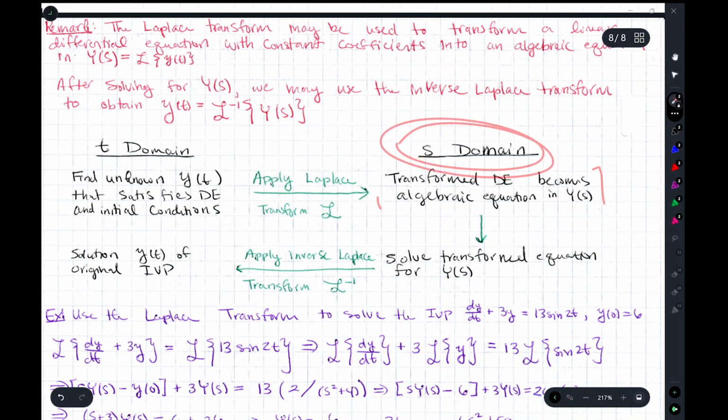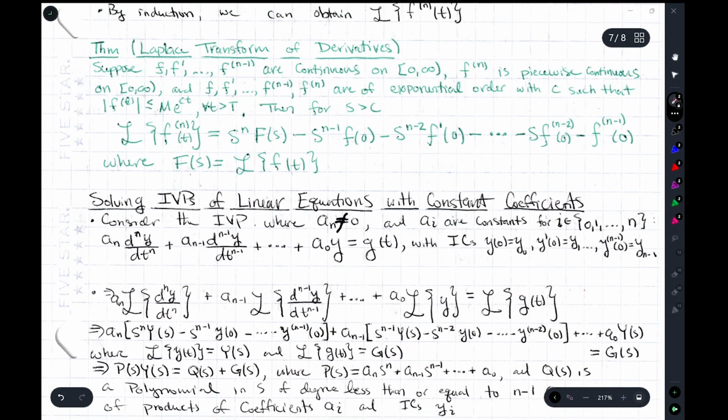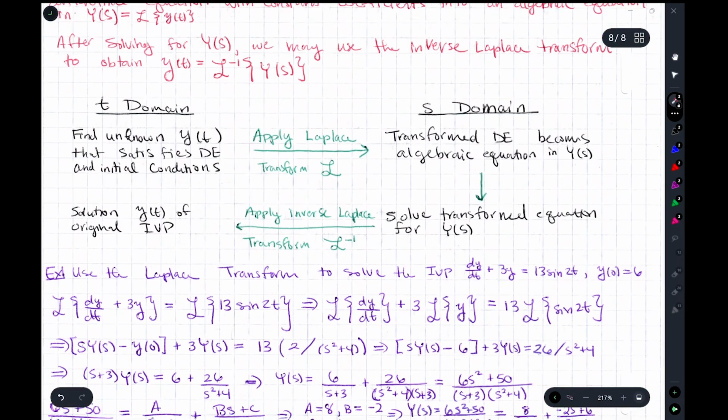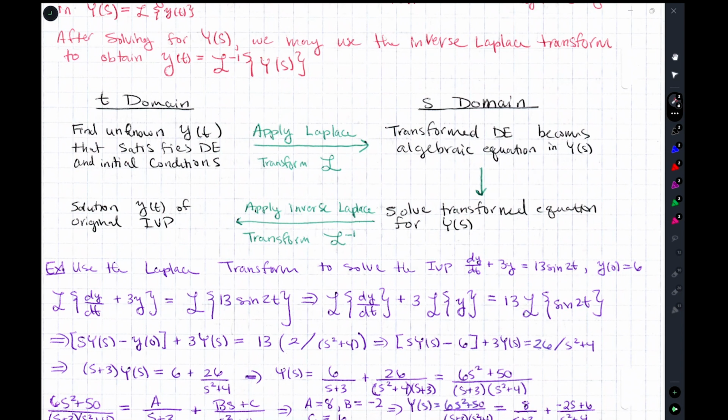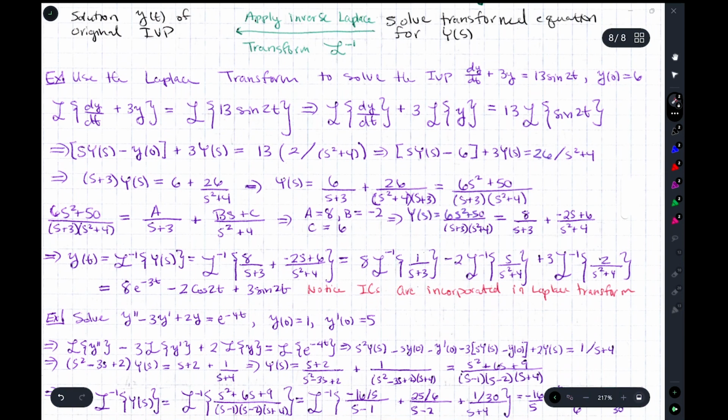This is now in the S domain. This is where Y(s) lives instead of y(t). Solve for Y(s) algebraically, and then inverse Laplace transform back to y of t, and you get a solution to the IVP. And in fact, the Laplace transform, as we've seen, actually already incorporates the initial conditions, so you don't need them separately. So this is how you solve differential equations in a nutshell using Laplace transforms.